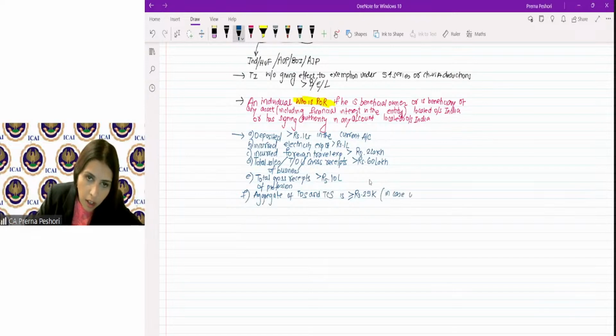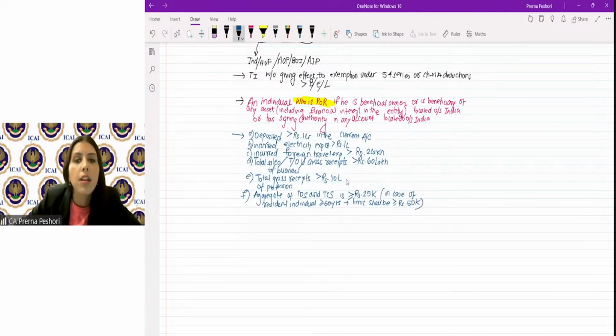In case of a senior citizen, which is a resident individual greater than or equal to 60 years, this limit shall be rupees 50,000. Are we getting that? Yes or no, students? So in these cases, they are required to mandatorily file the return of income.